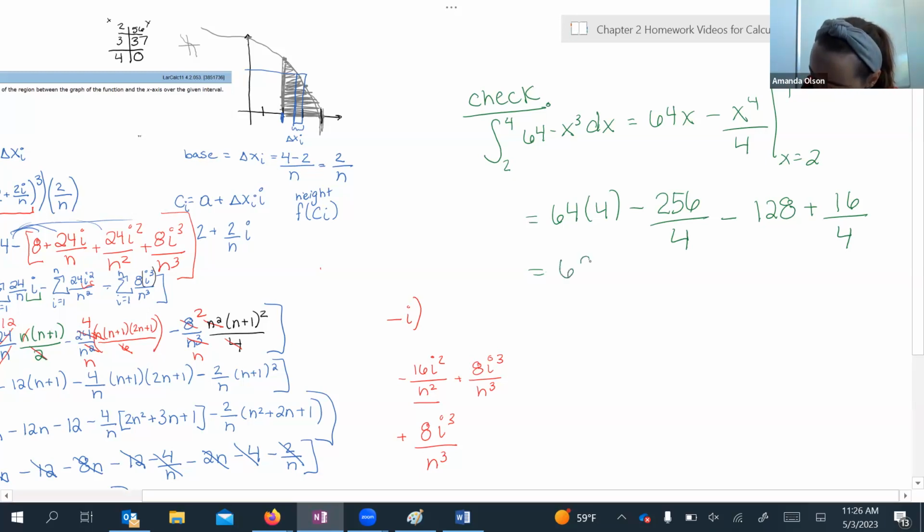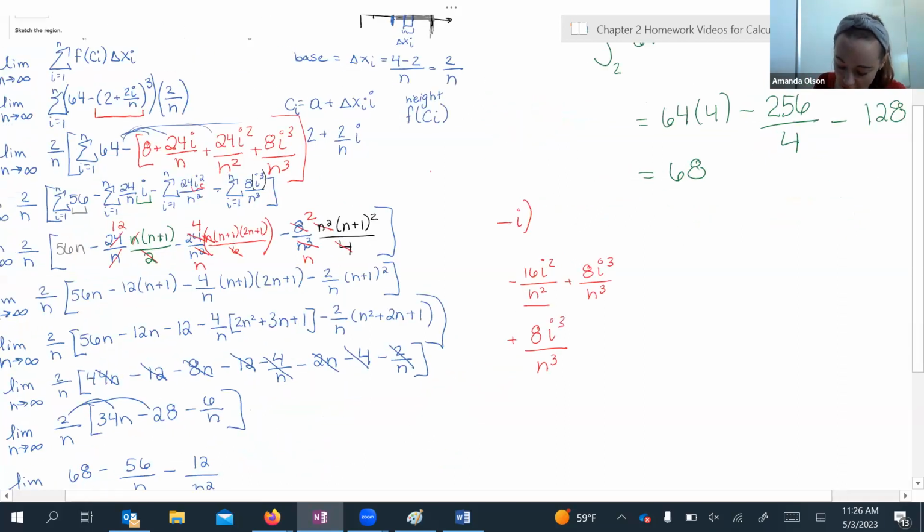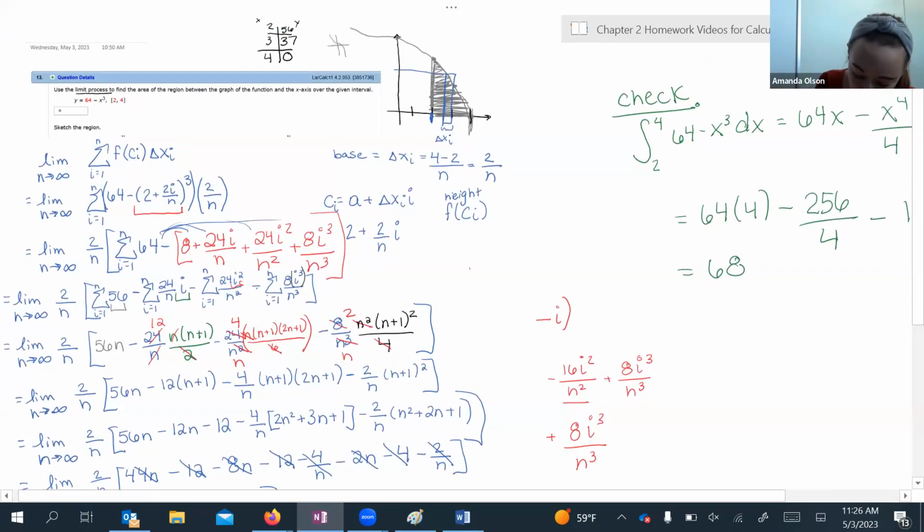And this does in fact equal 68 if you do all that arithmetic, which is what we got, which is good. Means everything worked out.